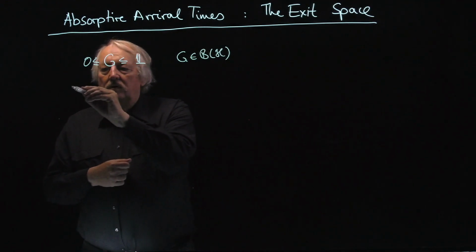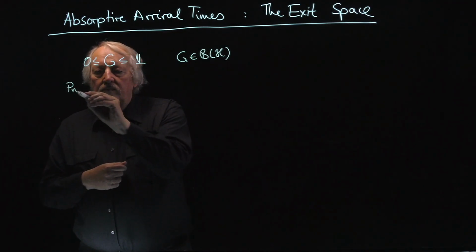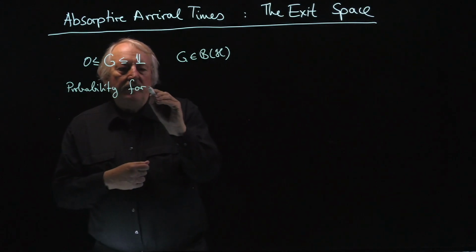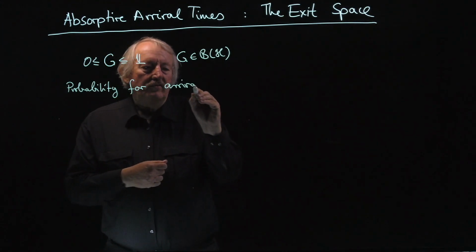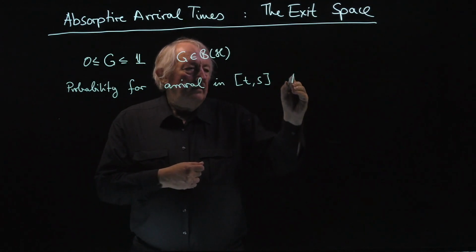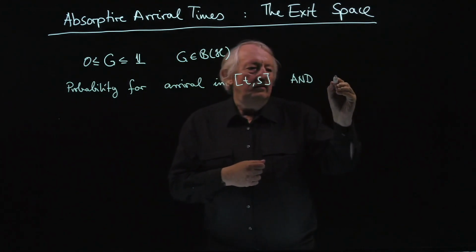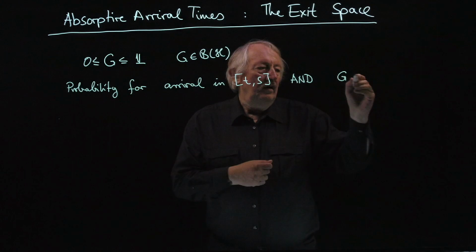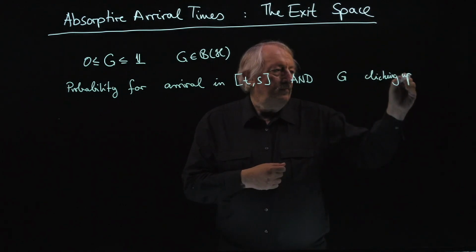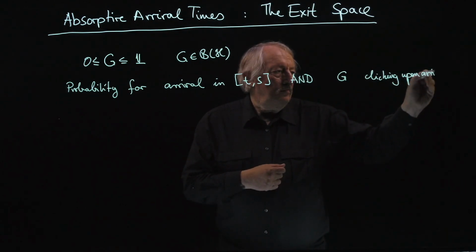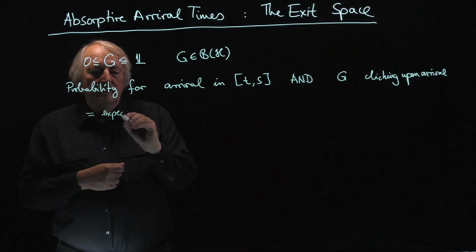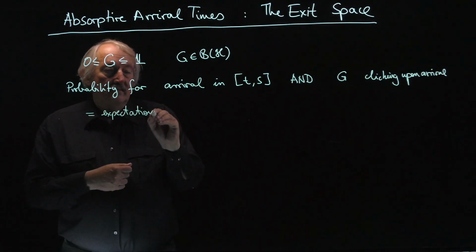Then the probability for arrival in some time interval and G clicking on arrival equals the expectation of the following operator, the joint event effect.